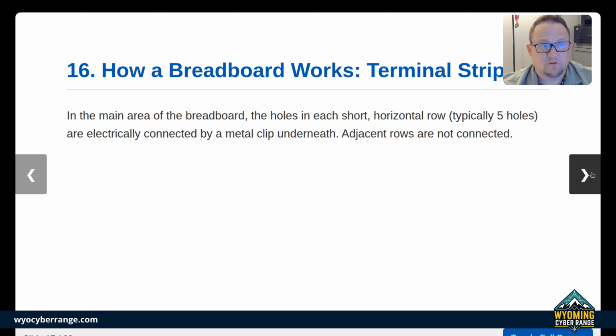They are normally all the way on the edges, and it's normally going to be a positive and a negative signal. Okay, everything we're doing here is a DC signal, otherwise known as a direct current signal. And so in order for it to work, we need to complete the circuit. We need to have it go from positive on the battery all the way to the negative of the battery, and that could be through our circuit boards.